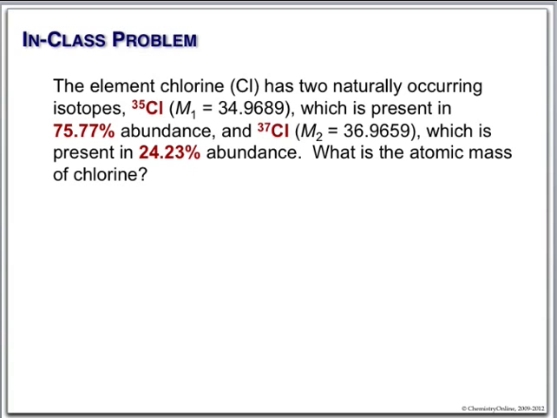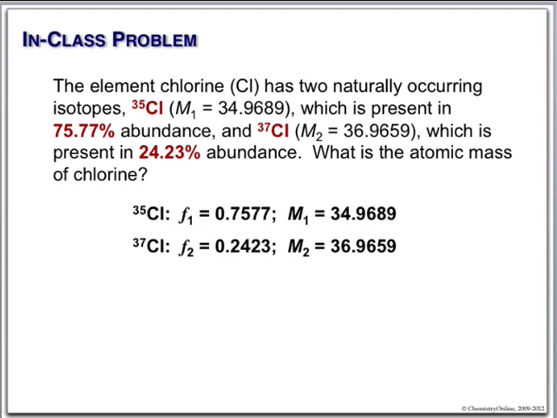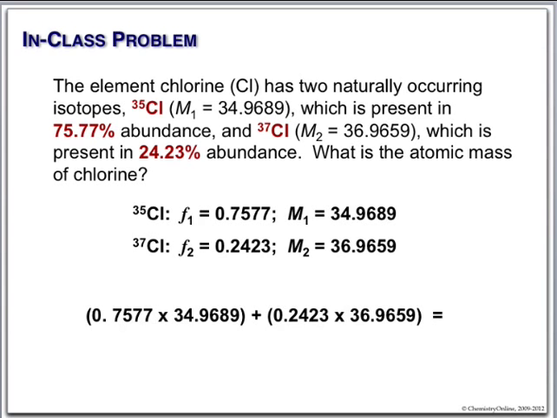In order to calculate the mass, you would take the percentages, convert them to fractions, so 75%, 24%, and these are the masses that we measure. Plug these into the equation. So this is fraction times mass, add it all up, and you get 35.45.